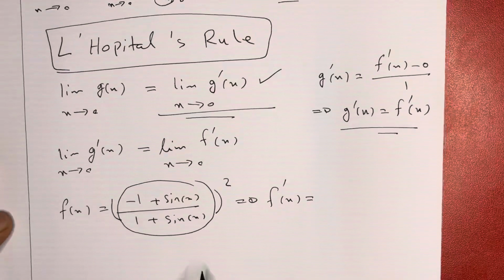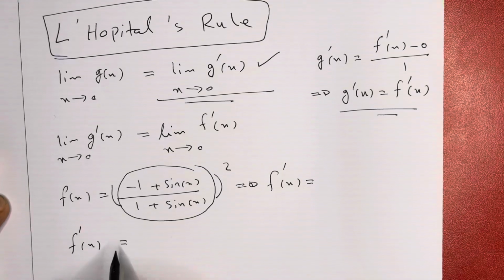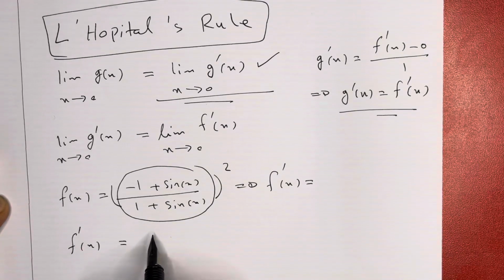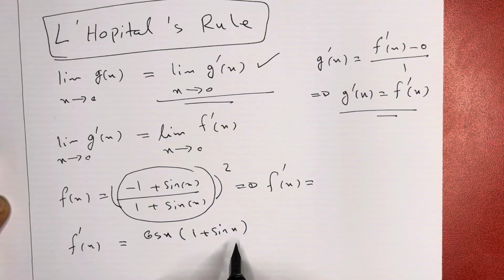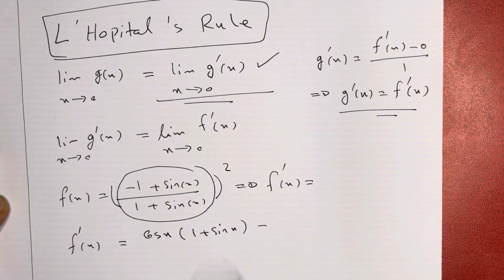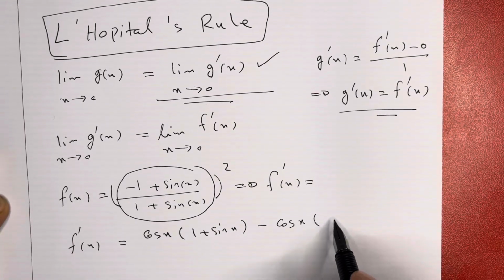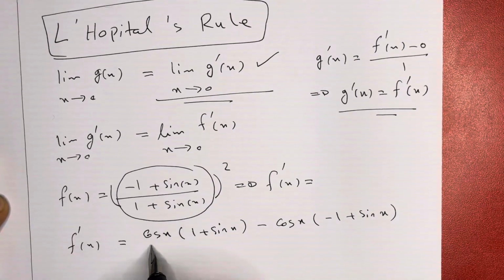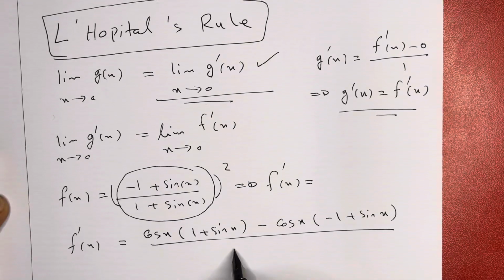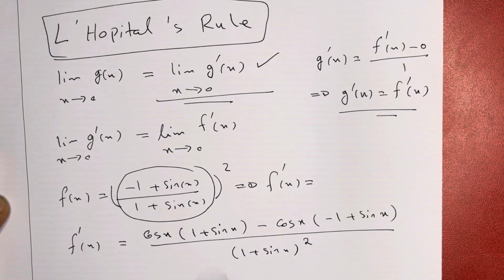F prime x: the derivative of the numerator is cosine x, times the denominator 1 plus sine x, minus the derivative of the denominator, again cosine x, times minus 1 plus sine x, which is the numerator, divided by the denominator (1 plus sine x) squared.